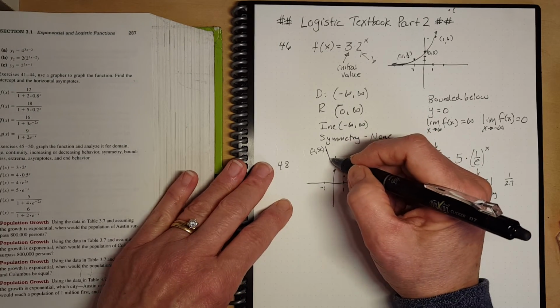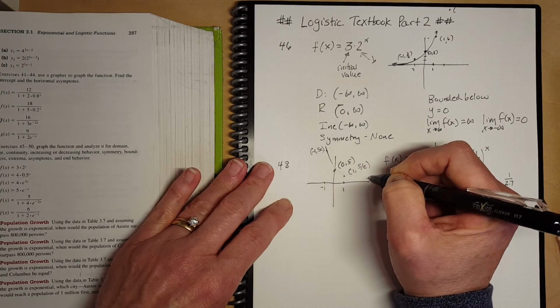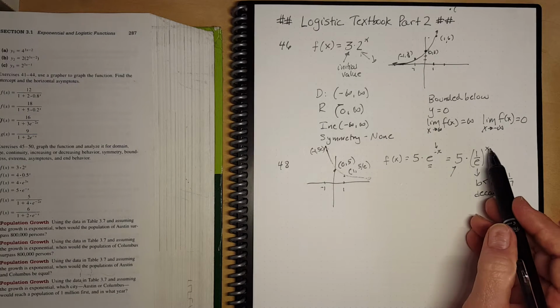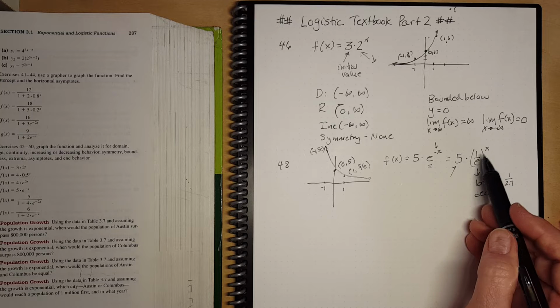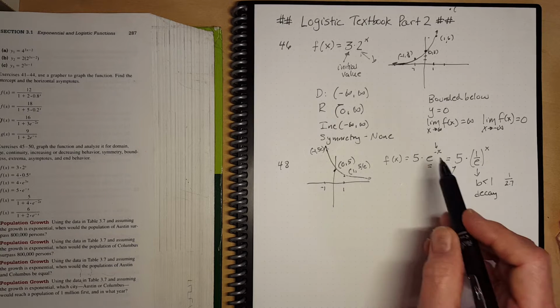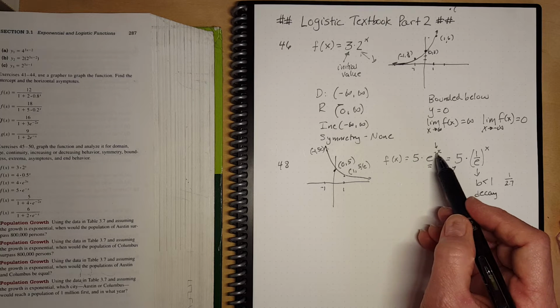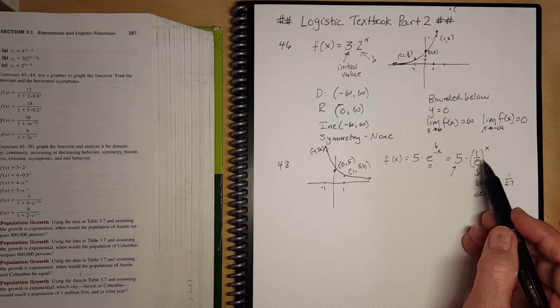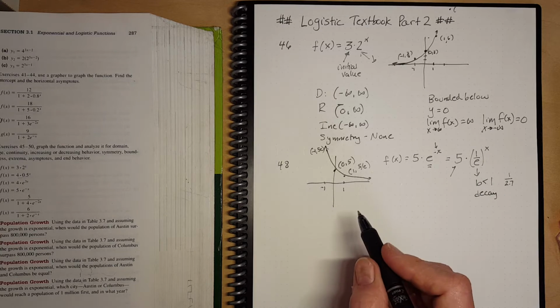Right, so here's my decay function. You always want to get your exponent to be +x and check your base. That's how you decide growth or decay. Don't leave it with a negative exponent. Get the exponent to be just 1x and see if your base is greater than or less than 1.